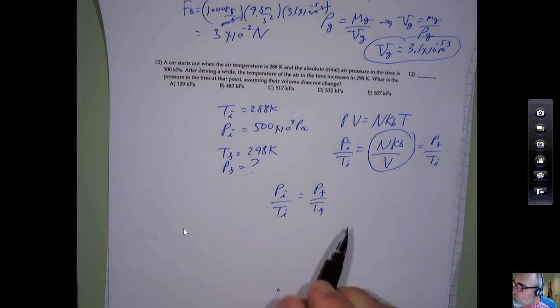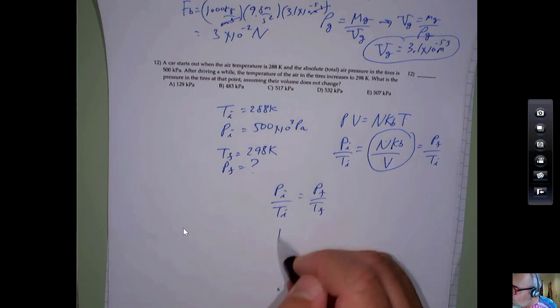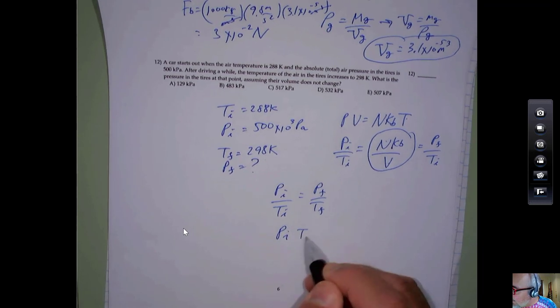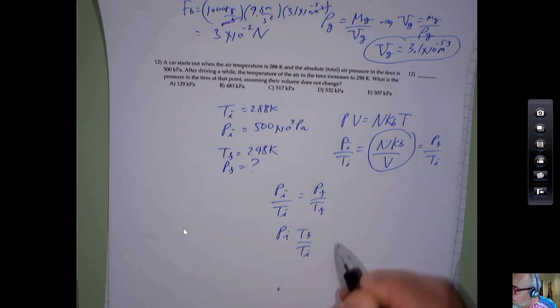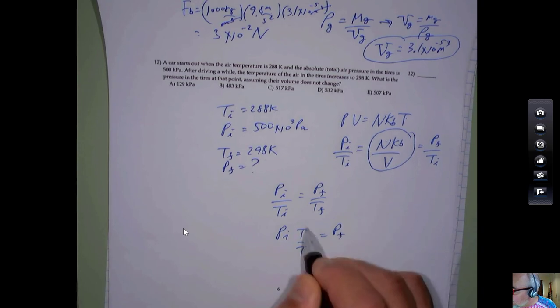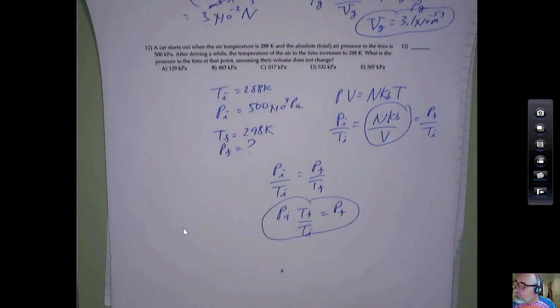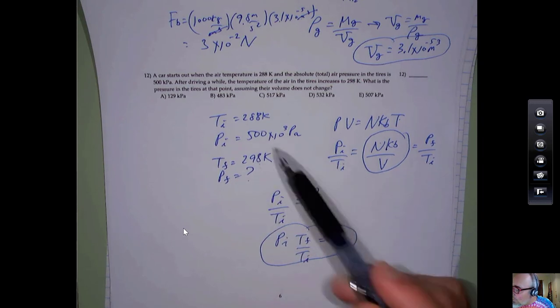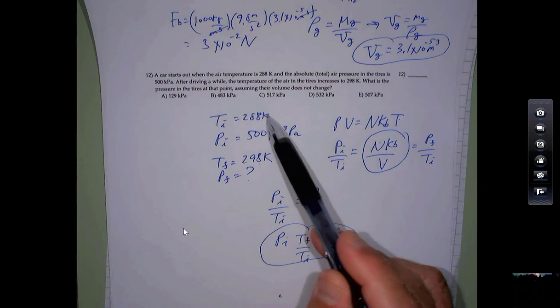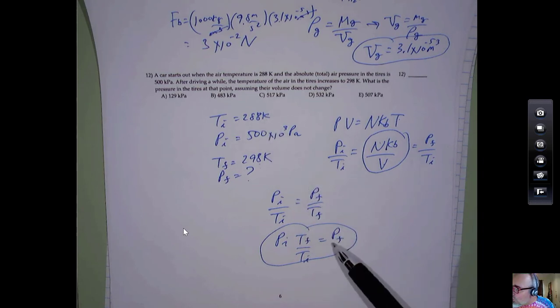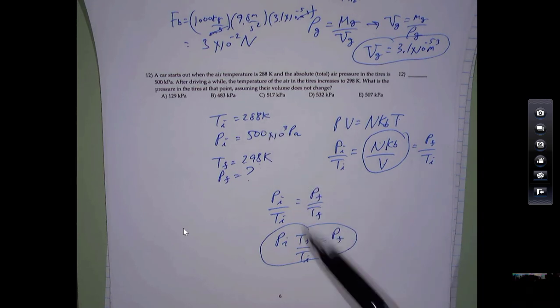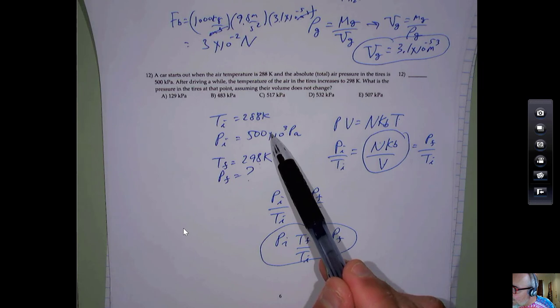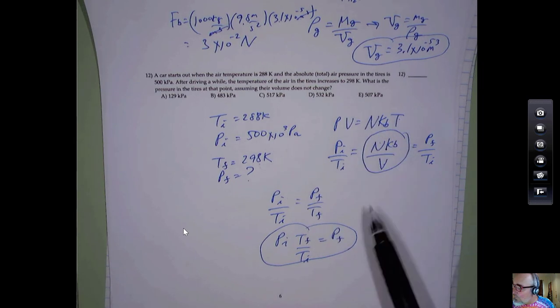We're looking for final pressure: initial pressure times TF over TI. That's the final pressure, and then you have everything. The temperature has increased a little bit, so the pressure is going to increase a little bit. So the answer has to be bigger than 500. If I had to guess, I would just say it's 507, but you can put the numbers in and actually get that.